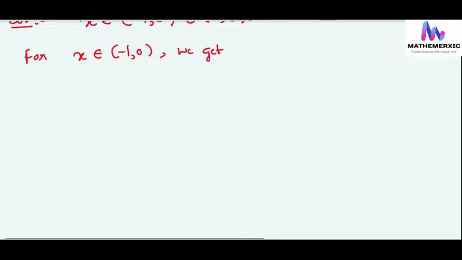So we have here x belongs to -1, 0. Less than 0 will be negative, I understand. x belongs to -1, 0, open bracket, so it's not 0.